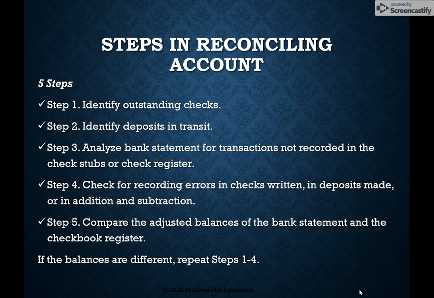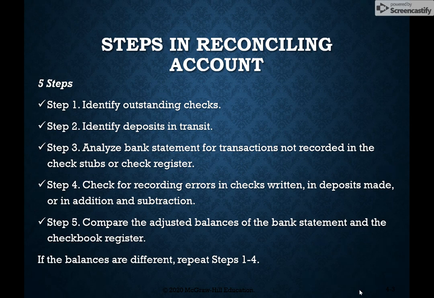And then once you have figured all this out, we need to compare our adjusted bank balance and our adjusted checkbook balance. If the two balances are the same, then of course we say we have reconciled the two accounts. But if the numbers are not the same, then we have to go back and repeat step 1, step 2, step 3, and step 4.